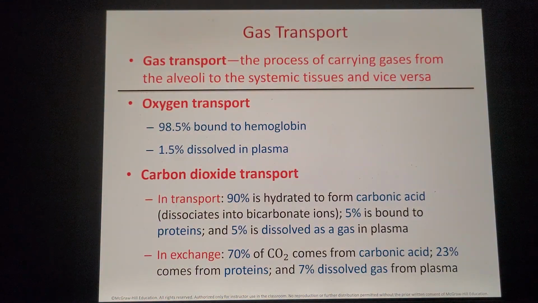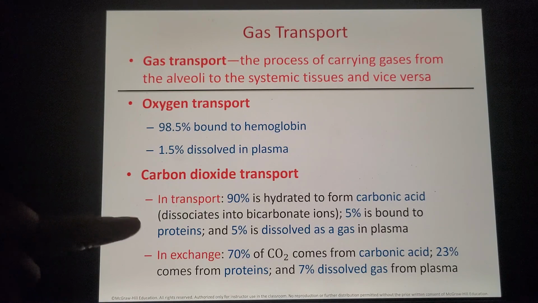So our gas transport, of course, is taking oxygen from the lungs to the tissues and taking carbon dioxide from the tissues to the lungs. With our two gases, oxygen, most of it is bound to hemoglobin, so on that heme portion, and then the rest of it is dissolved in the plasma, the liquid portion of blood. For carbon dioxide, most of it is in carbonic acid, so we're going to get to that equation.